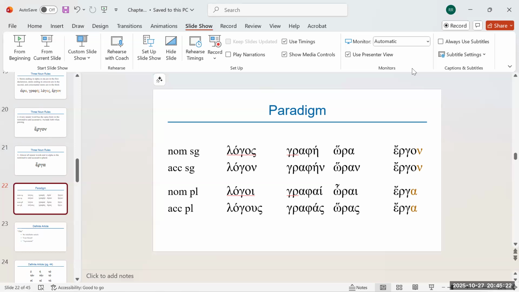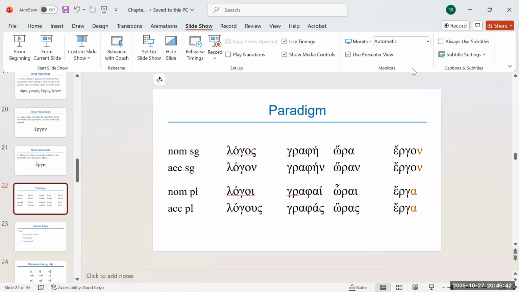The singular would be logon, graphen. You're adding on the feminine, you're just adding a new horan or ergon. And again, ergon is both the nominative and the accusative.